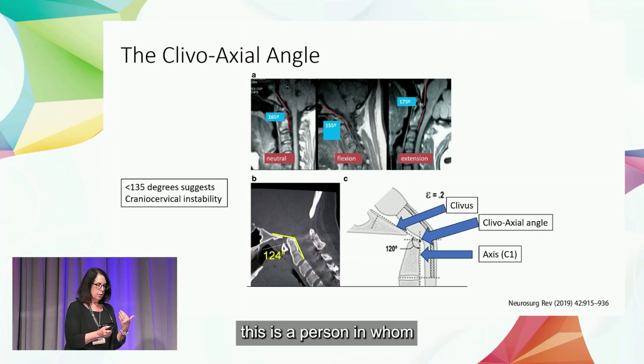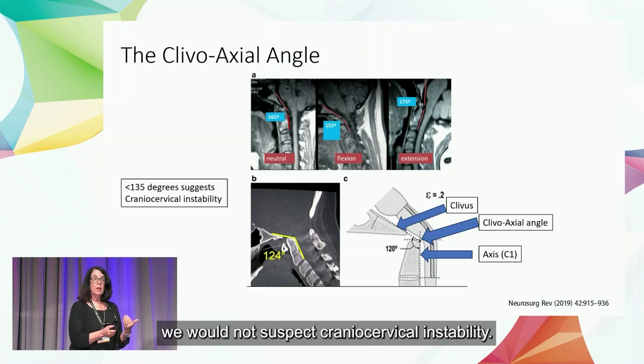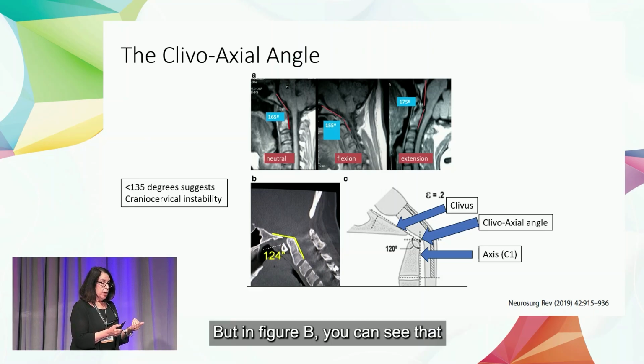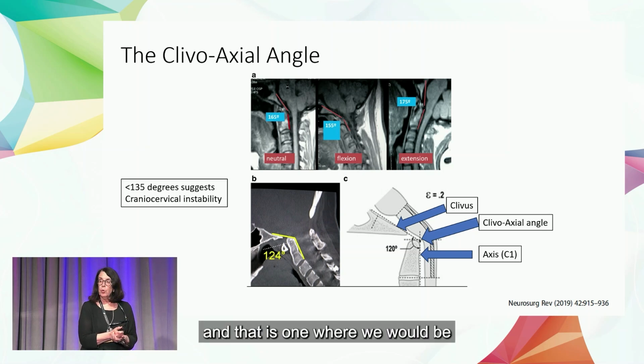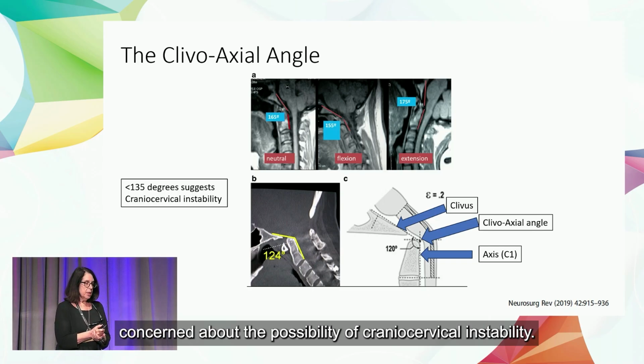This is a person in whom we would not suspect craniocervical instability. But in figure B, you can see that clivo-axial angle is 124 degrees. So that is a very low clivo-axial angle, and that is one where we would be concerned about the possibility of craniocervical instability.